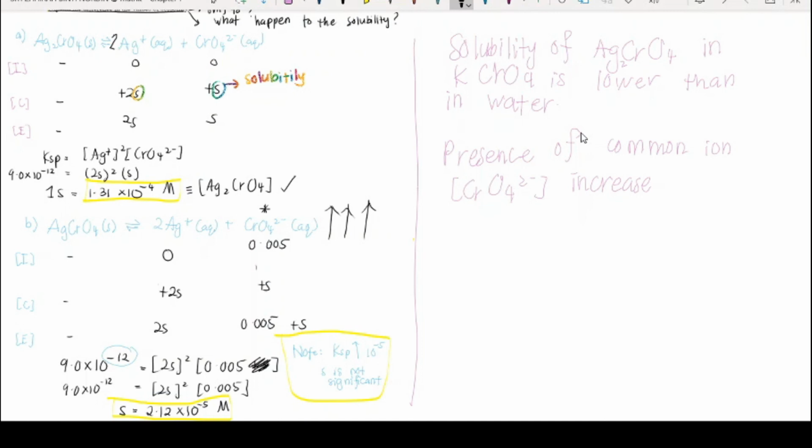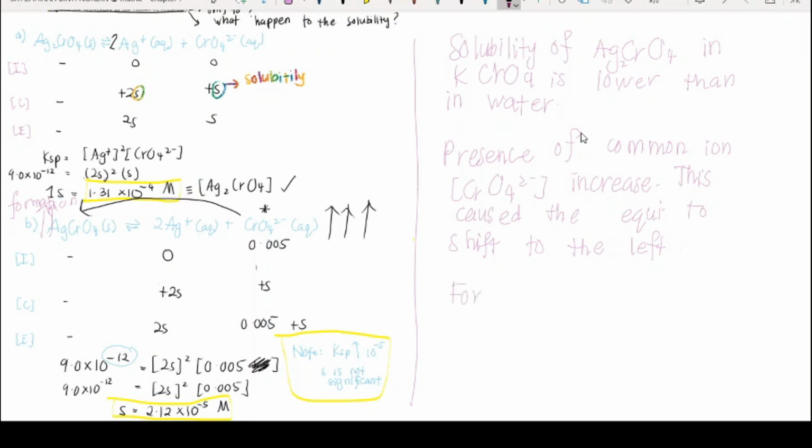Okay, so this causes the equilibrium to shift to the left. So now, when the equilibrium shifts to the left, your formation of Ag2CrO4 will increase. So this will cause a decrease in your solubility because we form more solid.